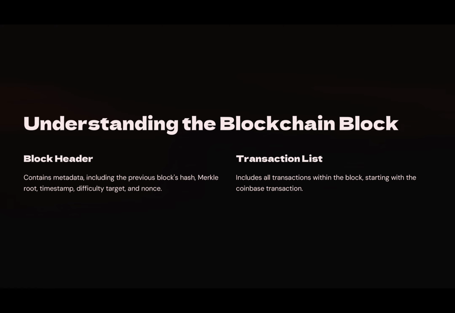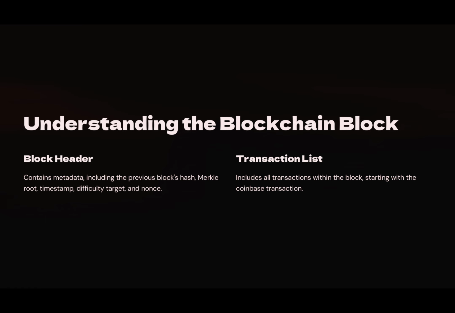We also need to know other information like the timestamp, the difficulty target, and the nonce for proof of work. The other part is the transaction list. It includes all the transactions within the block, starting with the Coinbase transaction that rewards the miner.